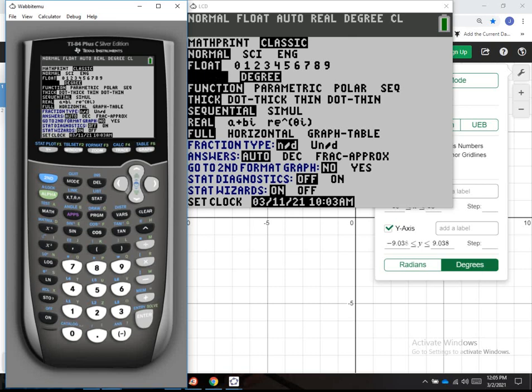Right next to it it says DRG. D stands for degrees, R stands for radians, G stands for gradients. You need to hit that button. When I have this calculator on, in the bottom right-hand corner of my view screen, it should say either DEG, RAD, or GRD. I'm going to push this DRG button as many times as I need to until that little word on the bottom right-hand side of my view screen says DEG. Does that make sense?